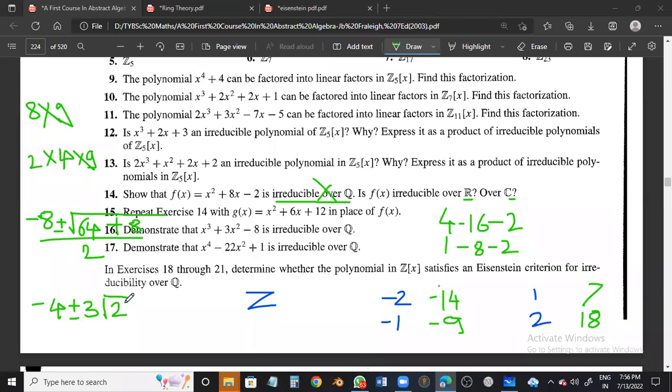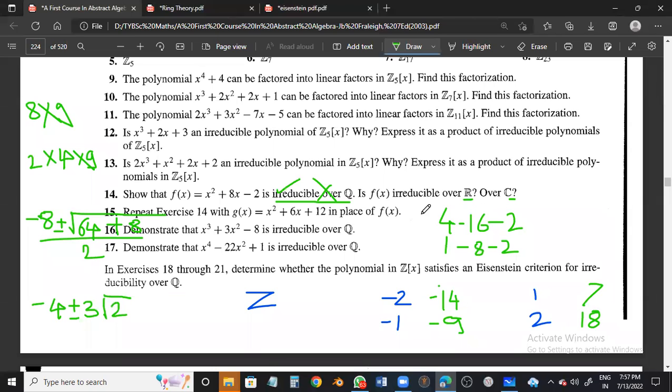So this can be factorized over R. So this is reducible over R, but not over Q. It is irreducible over Q. Not reducible means it is irreducible.